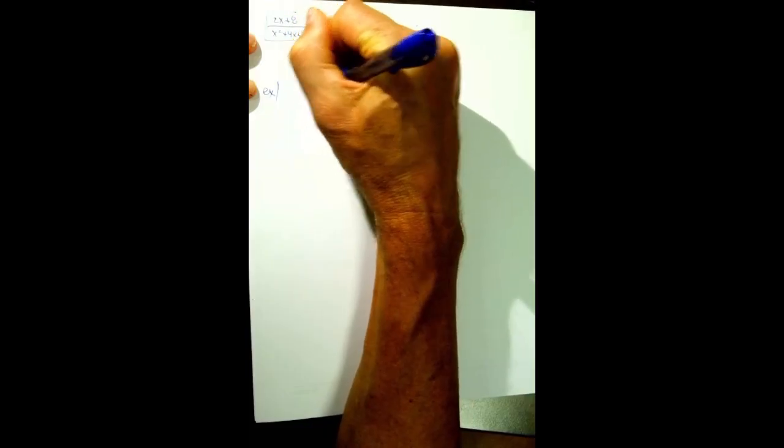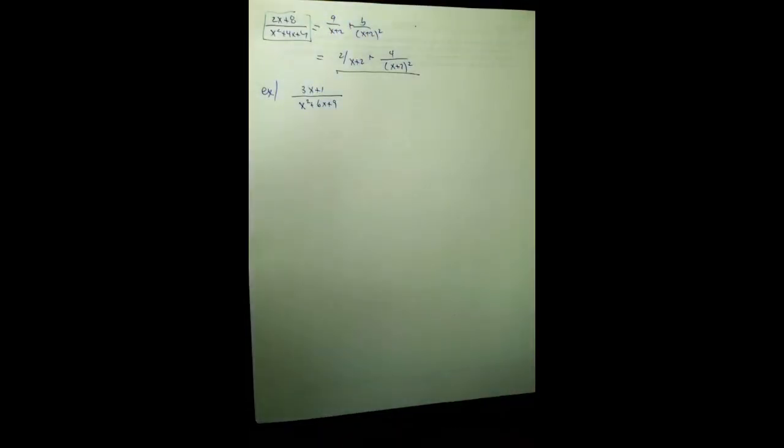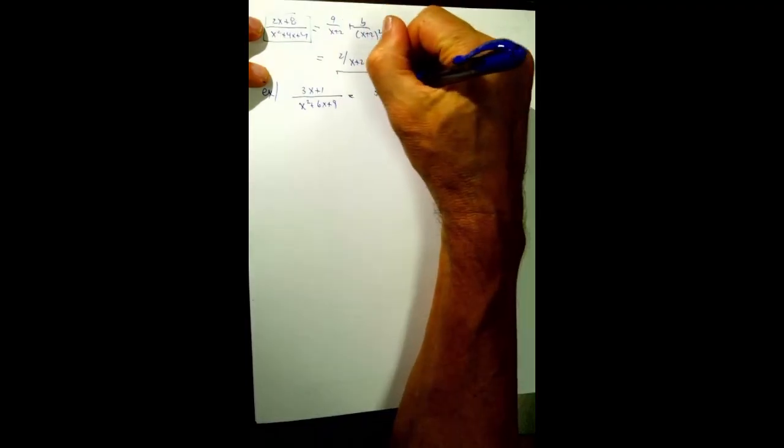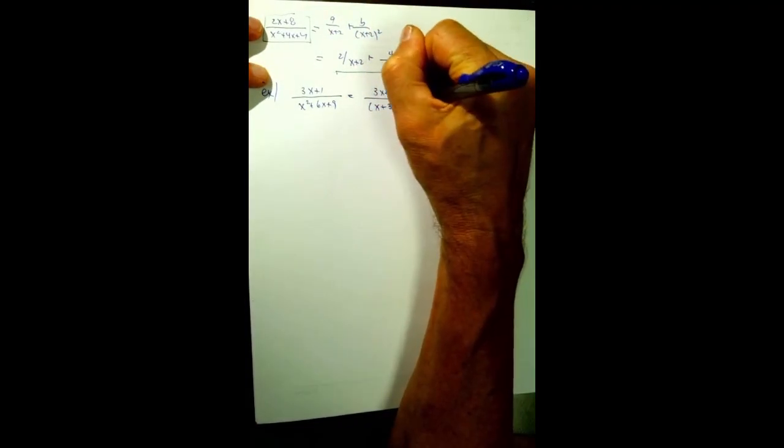So let's look at an example of that. Suppose I have 3x plus 1 over x squared plus 6x plus 9. Just like before, I'm going to factor the denominator. And in this case, there's a square, or a double root.